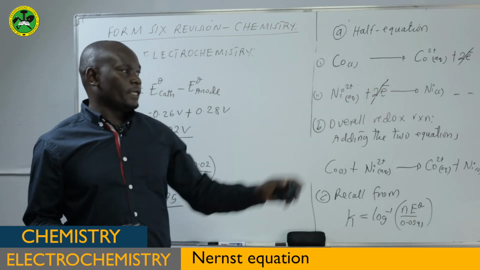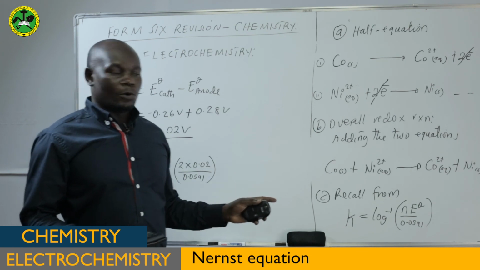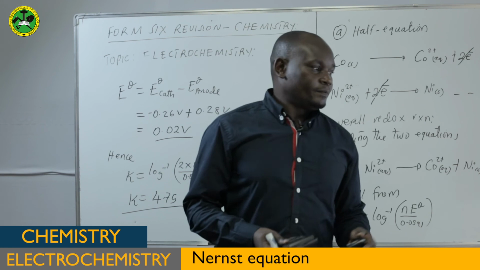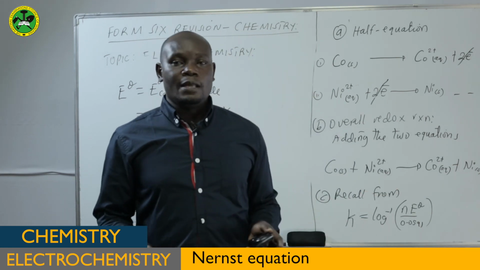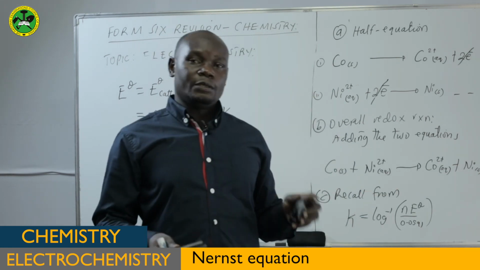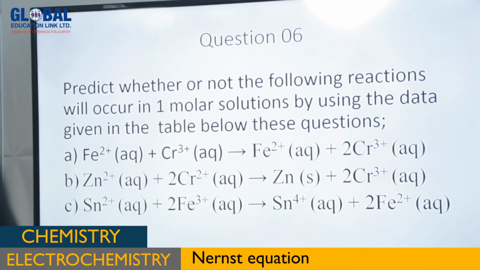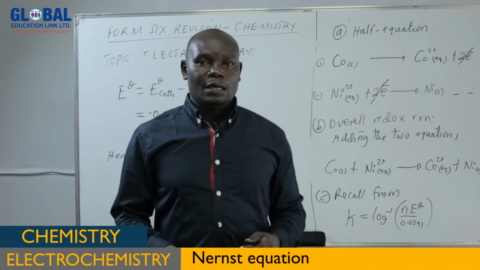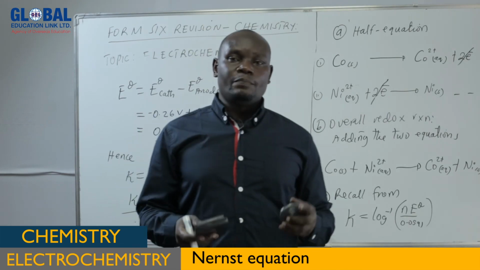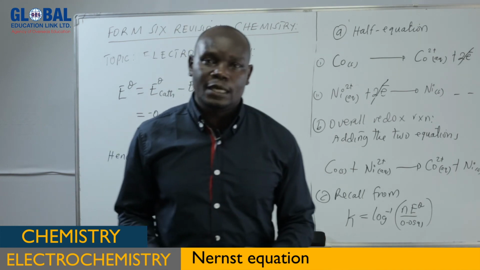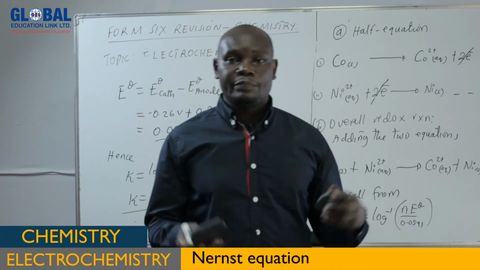This is now for the next period. So for today, let us end here, and welcome for the next lesson. The next lesson will be dealing with how to use the standard electrode potential of a cell in calculating the pH of the solution, because the pH of the solution is always measured by using the pH meter.